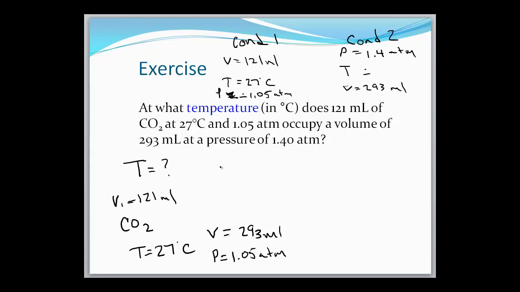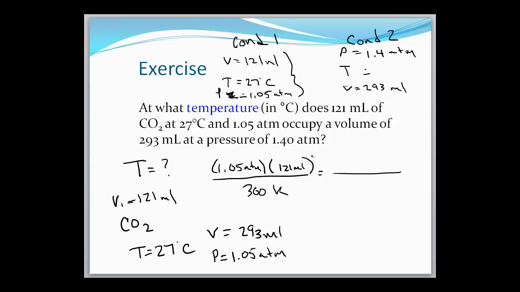So what we have here is a situation where conditions are changing. So we can set it up. 1.05 atmospheres, pressure, times volume, 121 milliliters, over our temperature of 300 Kelvin.